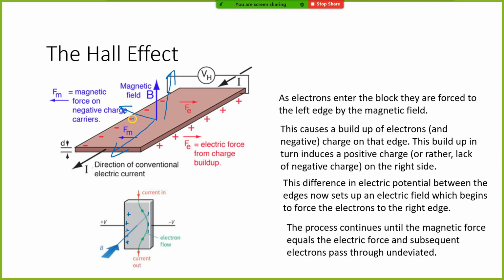So what that tells us is that the negative charge will be accumulated on this side or on this plate, as you're seeing from this diagram. Okay?